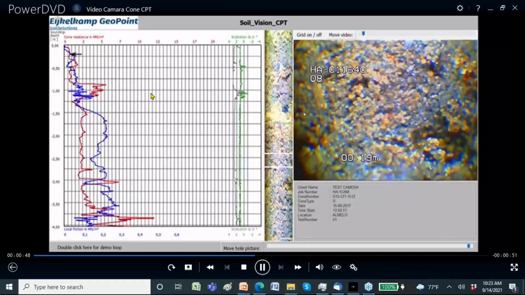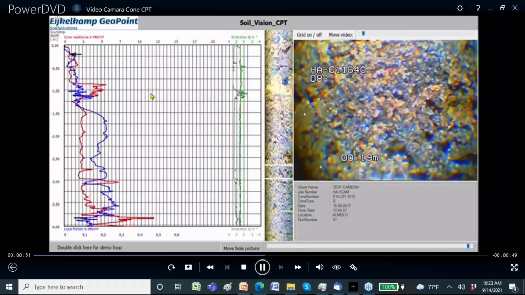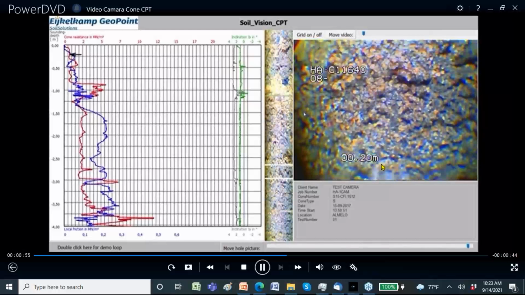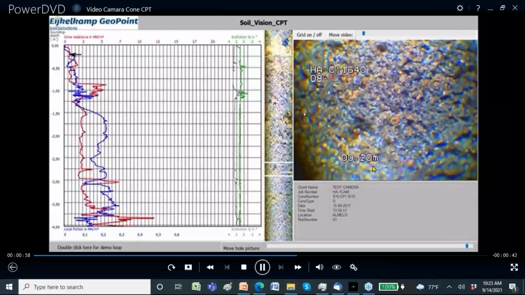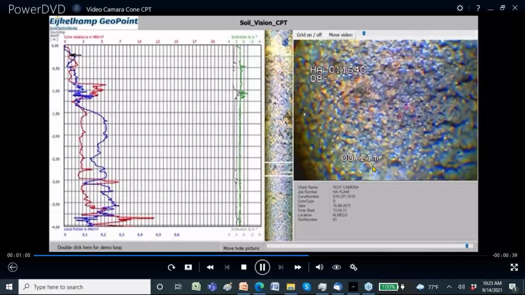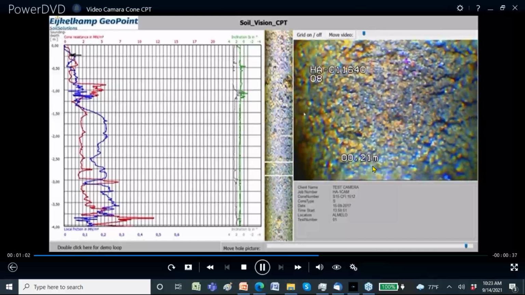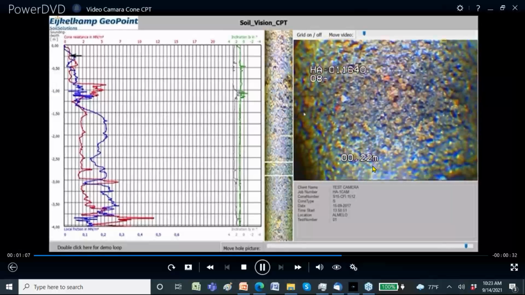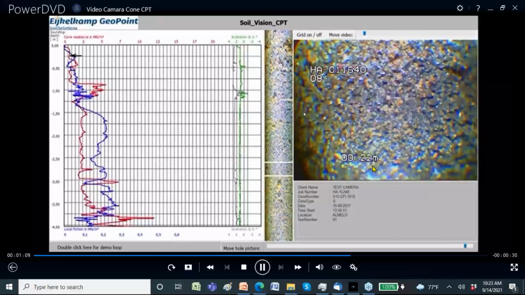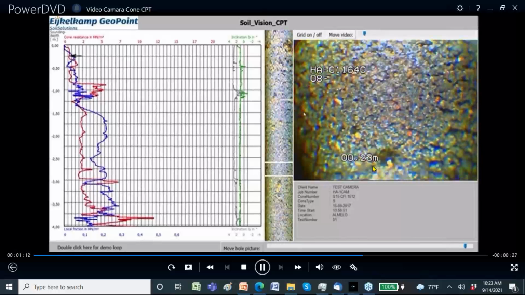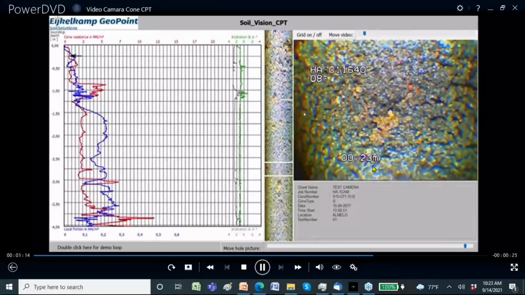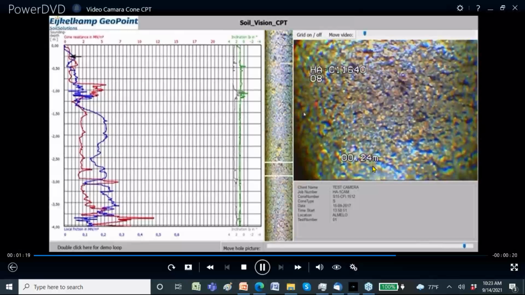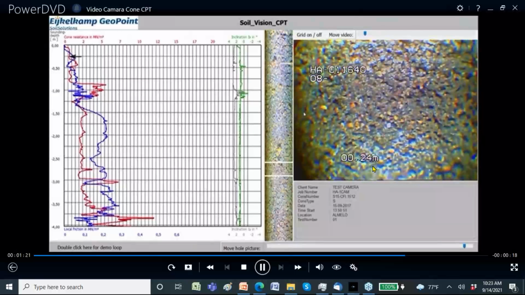Obviously, you cannot look at this in real time because the cone would normally go down at 2 centimeters per second. But if you look here, the amount of time that it takes just to go to 1 centimeter, this is when you go to 21, and we're still at 21, and now we're at 22. Well, in that same amount of time, the cone would have already been about 10 centimeters down, so quite a bit faster than what you see here. But with that, obviously, you can again get an indication of what kind of soil, what kind of inclusions you potentially have.